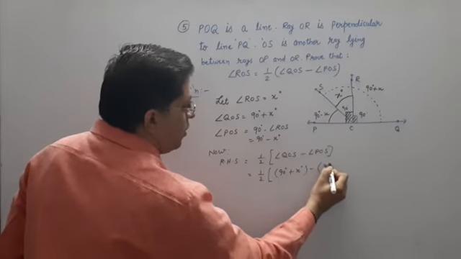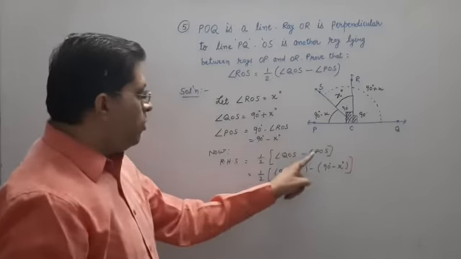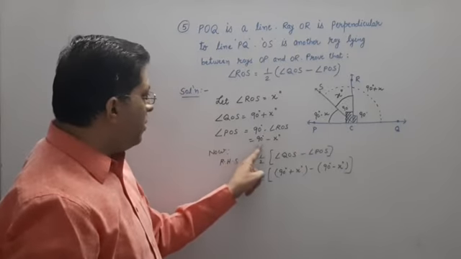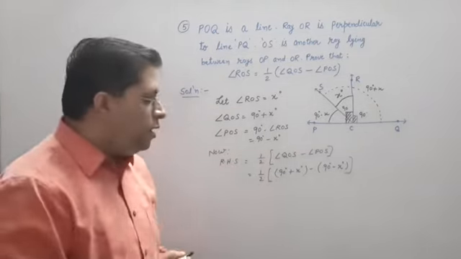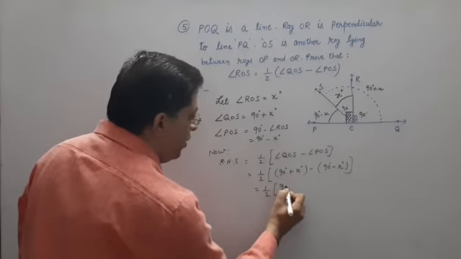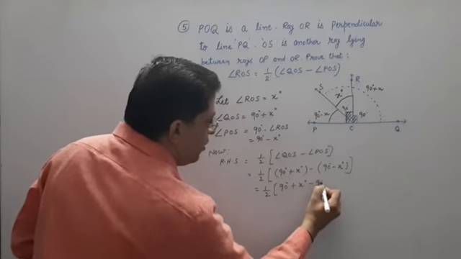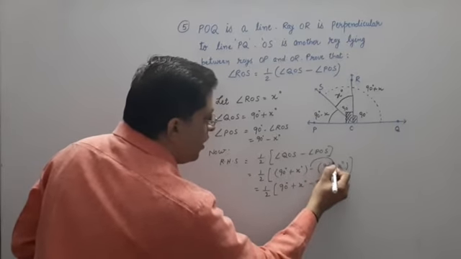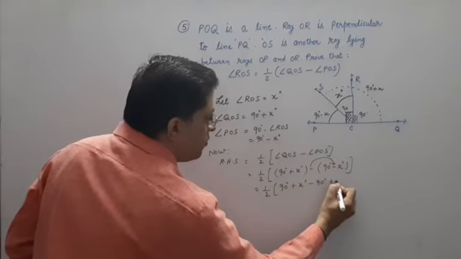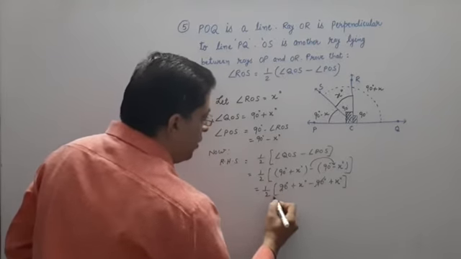And here 90 degree minus x degree, because POS is 90 degree minus x degree. Now see, half of 90 degree plus x degree minus 90 degree, and this minus and minus will become plus x degree. This 90 degree and 90 degree cut.